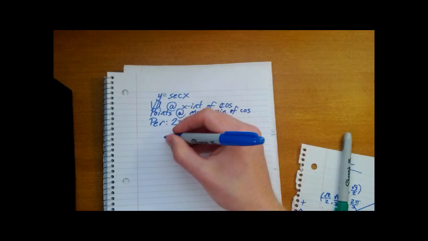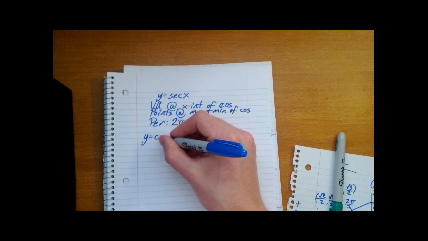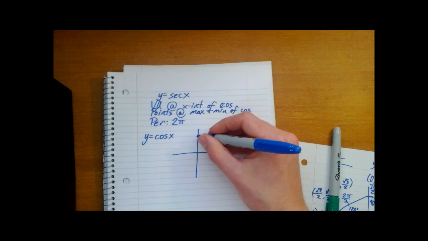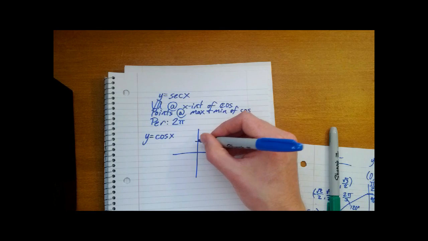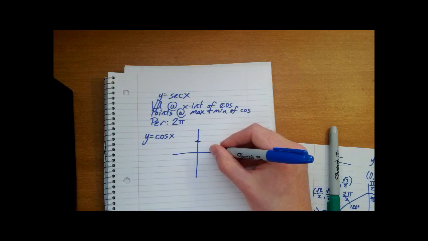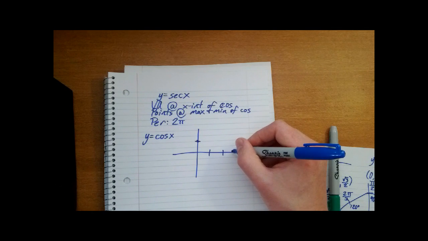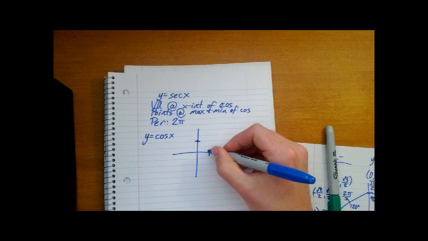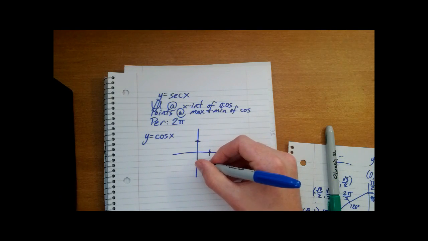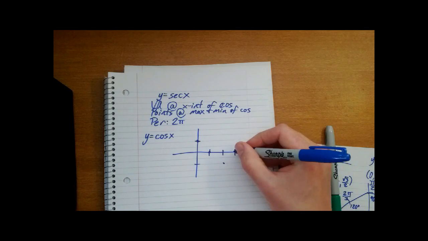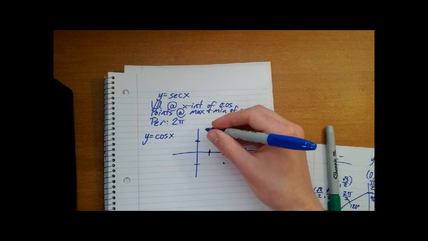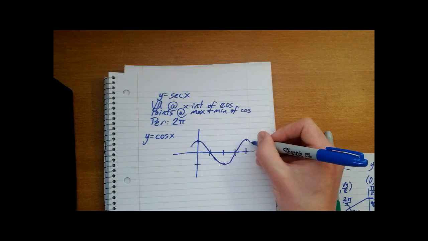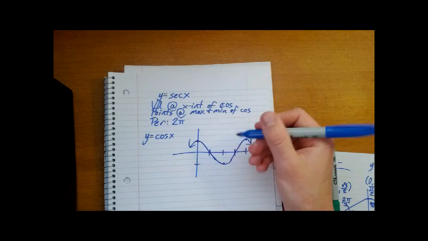So let's take a look at the graph first of y equals cosine of x. It has a period of 2 pi. It starts at the 1 instead of the 0. Pi over 2, pi, 3 pi over 2, and 2 pi. Okay, it goes there and down.